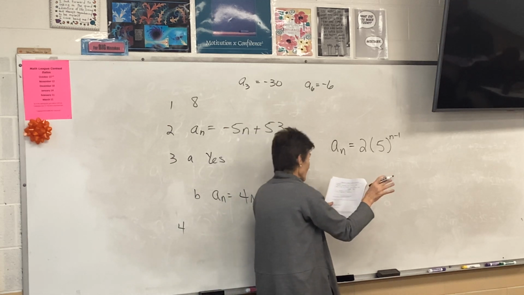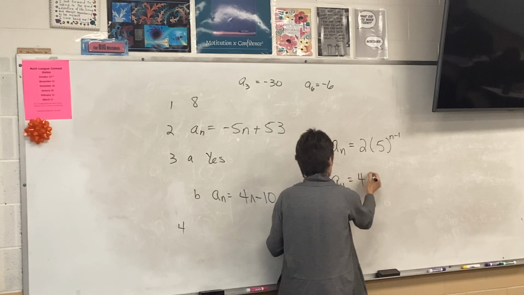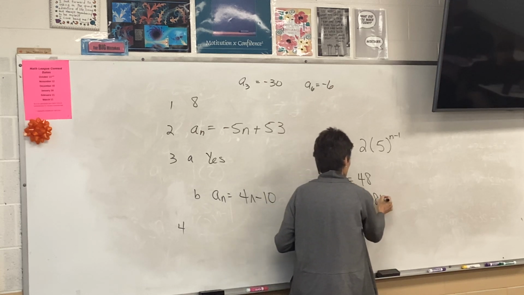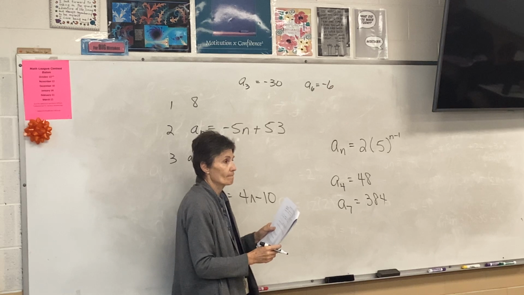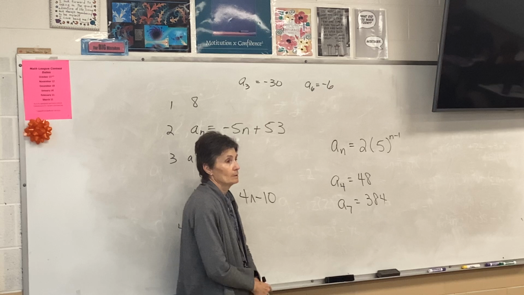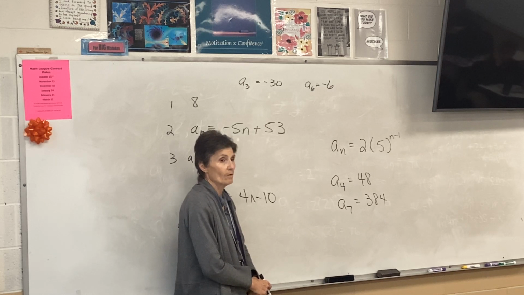All right, let's talk about this one because we haven't done this yet. With geometric, the 4th term is 48, and the 7th term is 384. Find the ratio. Now be careful.